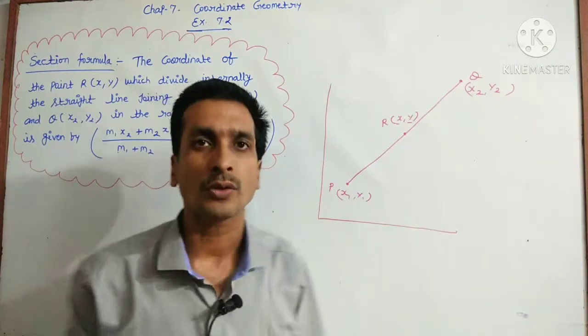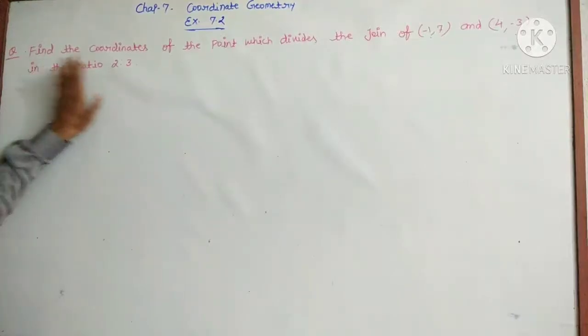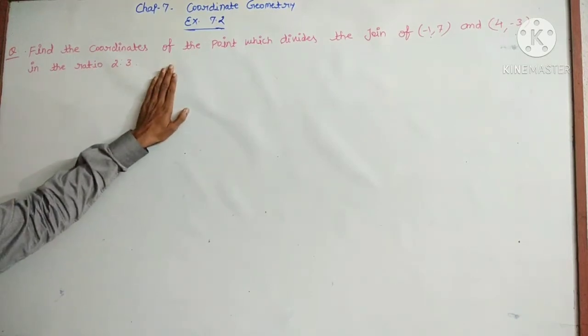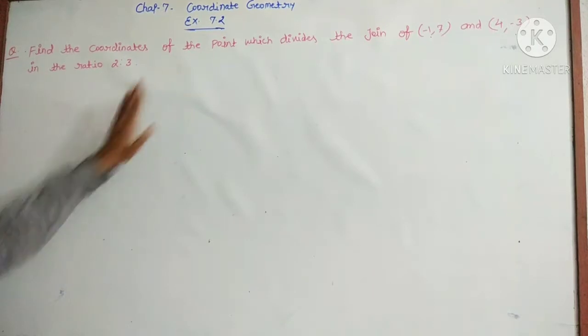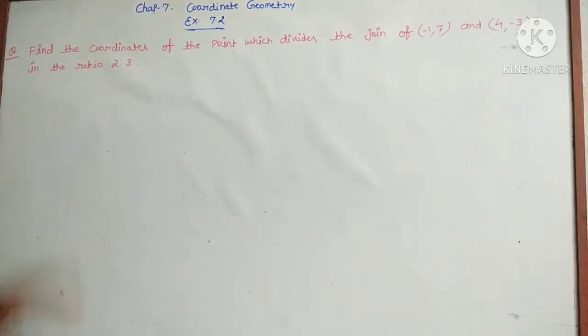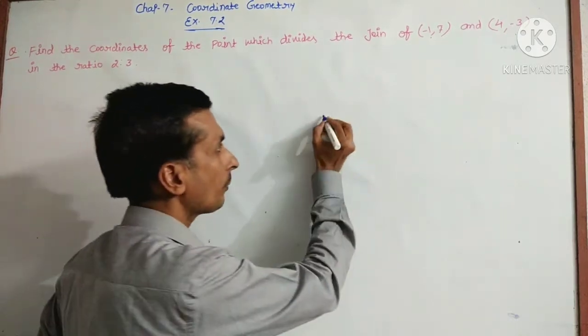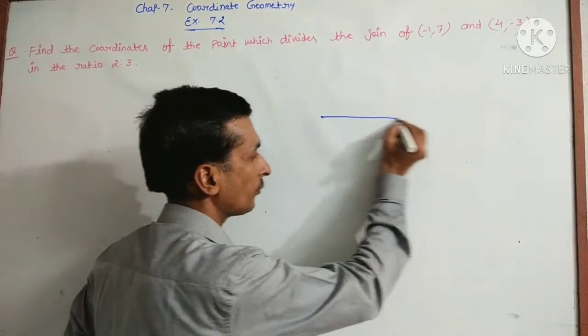So let us start question number first. Find the coordinates of the point which divides the join of (-1, 7) and (4, -3) in the ratio 2:3. In this question, we have to find the coordinate of P (x, y). Where is P?